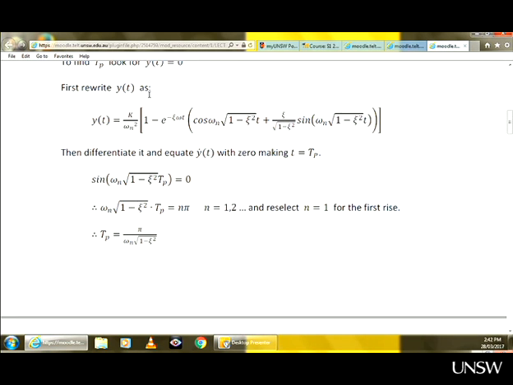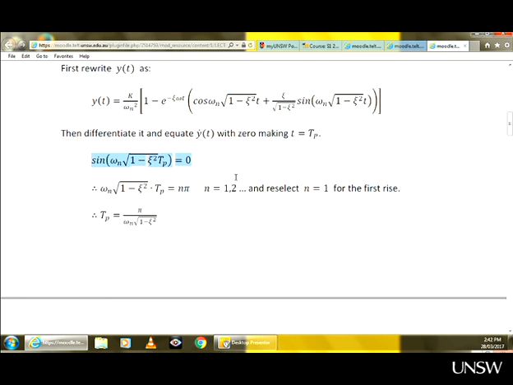Then, when we find the derivative of y of t, and make it equal to 0 and make time equal to Tp, we are going to end up with this much simpler equation that we need to solve. So sine of omega n times square root of 1 minus xi squared times Tp. What is Tp equal to?